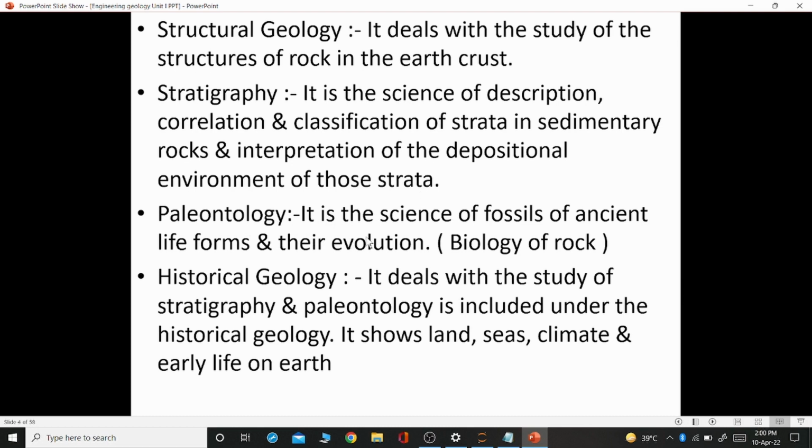Paleontology. It is the science of fossils of ancient life forms and their evolution. Historical geology deals with the study of stratigraphy and paleontology. It shows the land, seas, climate, and early life on Earth.